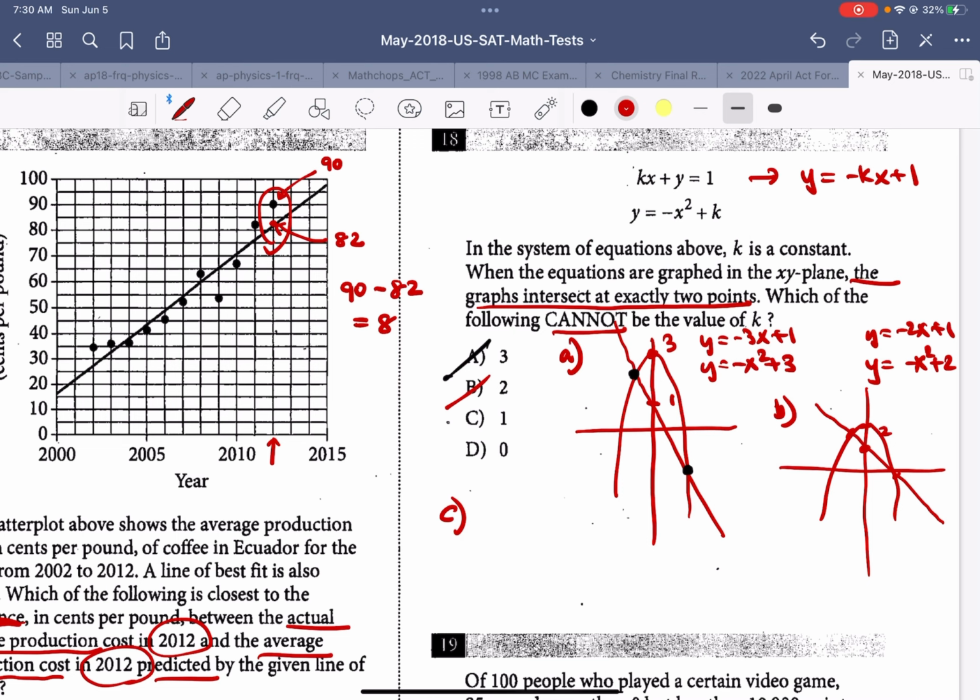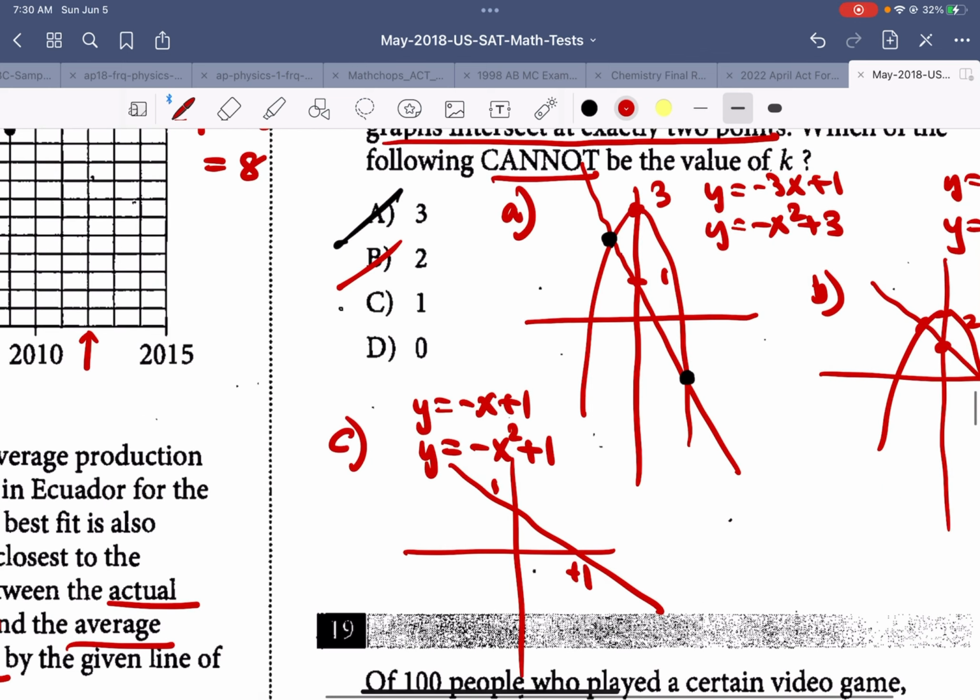Now C. So y equals negative x plus 1. Y equals negative x squared plus 1. Let's see what happened here. So the negative x plus 1 equation looks like this, with y-intercept positive 1 and slope negative 1. Now for this parabola, when you graph it closely, the vertex is right here.